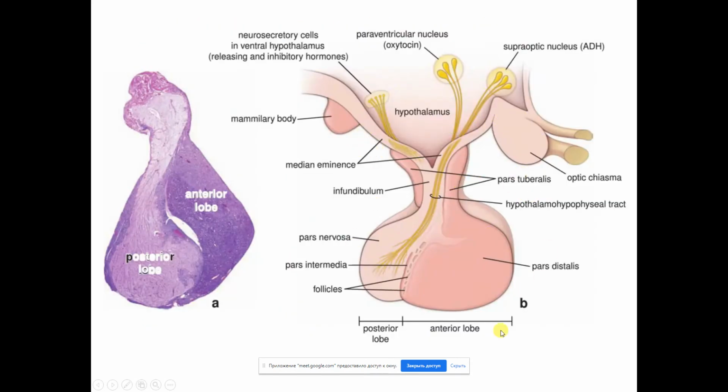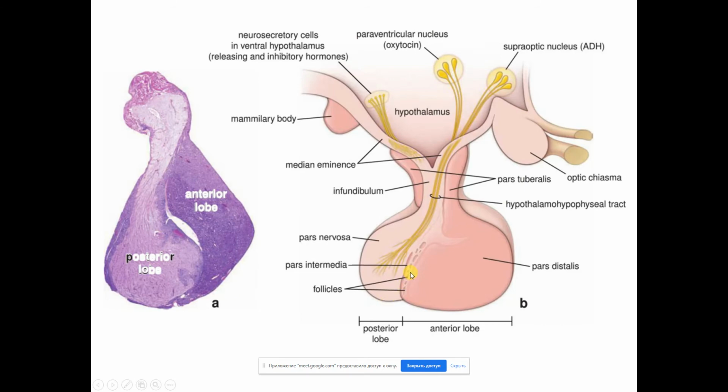Okay, let's turn back here. What's the anatomical structure of the pituitary gland? It contains pars distalis, pars nervosa, and pars intermedia. That's the main part. But on the upper side we have the pars tuberalis and infundibulum.